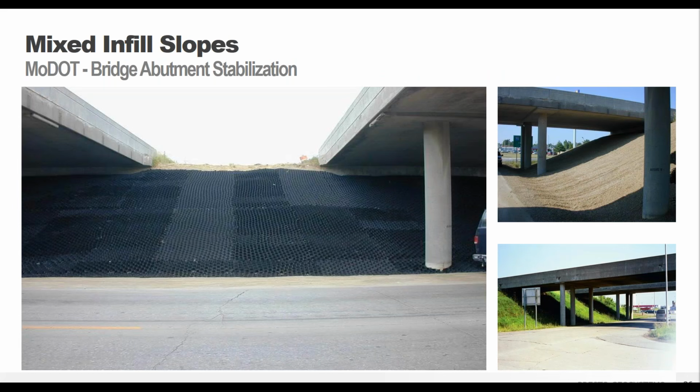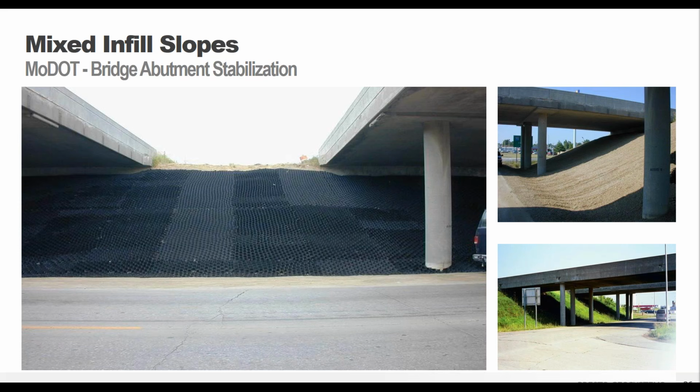So the Minnesota DOT, actually, excuse me, not Minnesota, Missouri DOT used the GEOWEB system to help stabilize the surface around bridge abutments and then also along railroad tracks and crossings. The flexible nature of the GEOWEB panels means that it can easily contour to the slope face and also around obstacles such as piles and abutments.